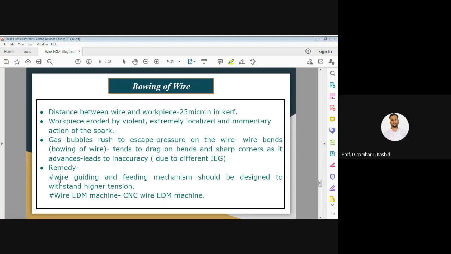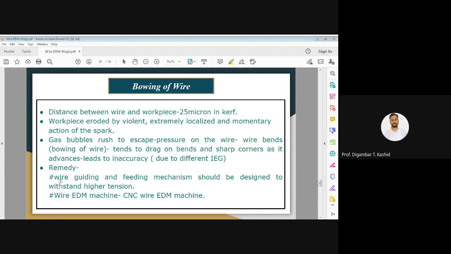Now we have another concept, that is bowing of wire. Because we maintain a very small gap, nearly 25 micron, between the wire, that means the tool, and your workpiece, a huge amount of workpiece material is eroded by the violent spark reaction in the localized part.